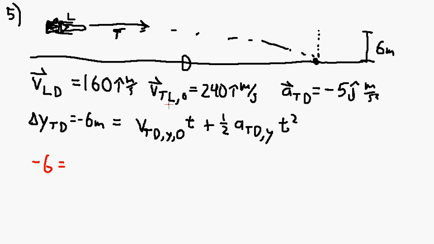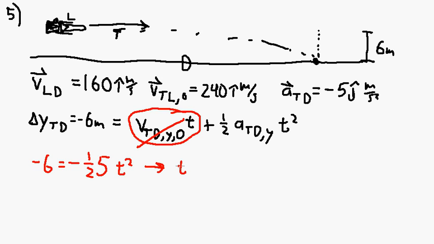There's no initial y velocity. The torpedoes launch horizontally, the X-wing is going horizontally, so this term here is all 0. So negative 6 equals negative 1/2 times 5 times t squared, since the acceleration in the y direction is negative 5. And then t squared should equal 12 fifths.